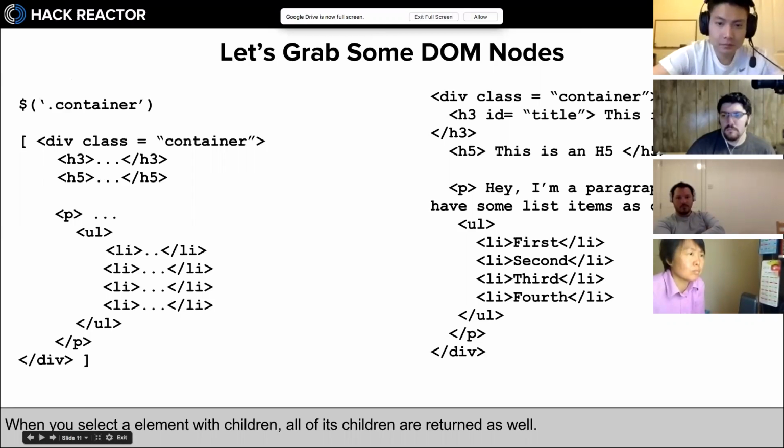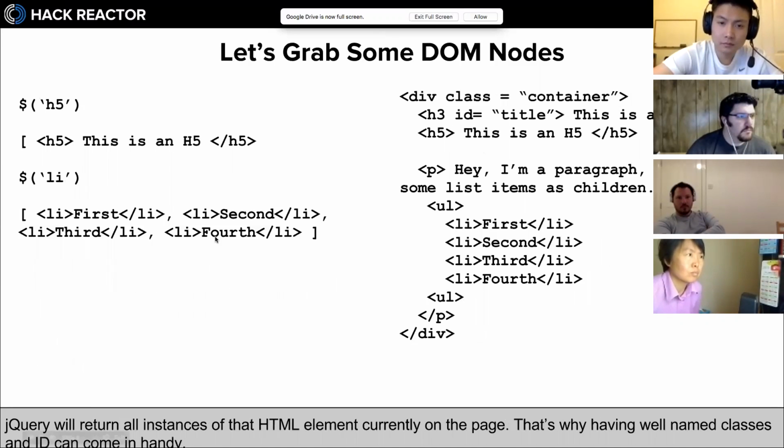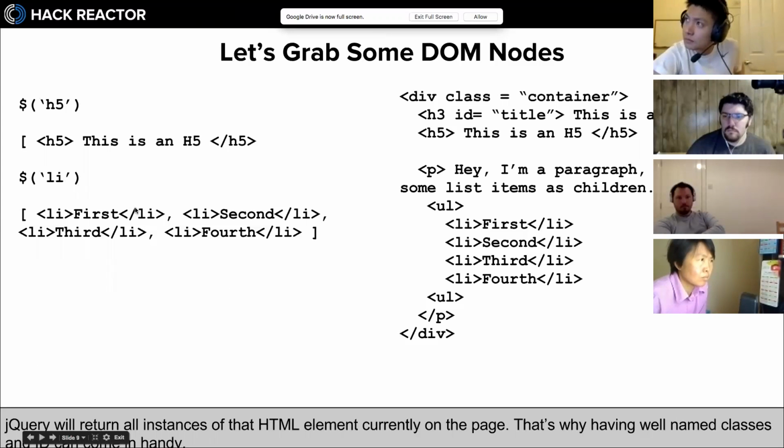Does each node take up one spot in the array? Oh, okay, that's a good question. In the instance of the list elements, because each of these list elements are not children of one another, they're siblings, they do each take up one spot in the array.